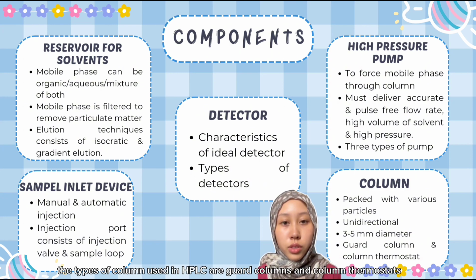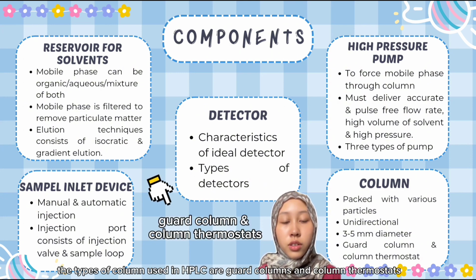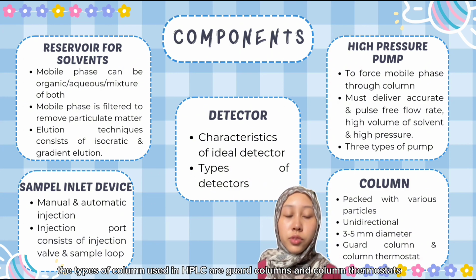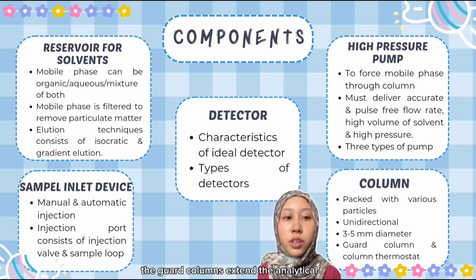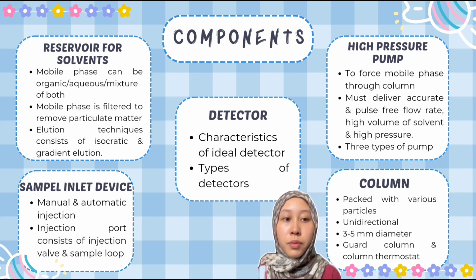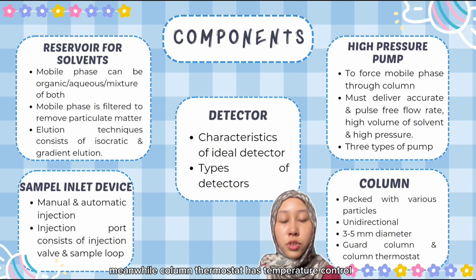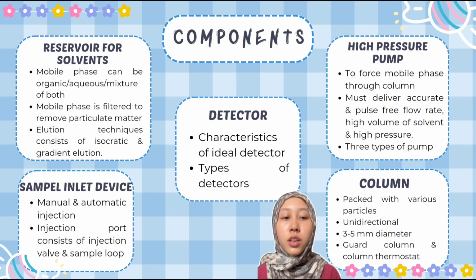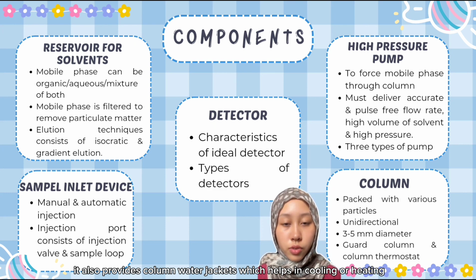The types of column used in HPLC are guard columns and column thermostats. The guard columns extend the analytical column life and remove particulate matter. Meanwhile, the column thermostat has temperature control and is common among modern HPLC. It also provides column water jackets, which help in cooling or heating.